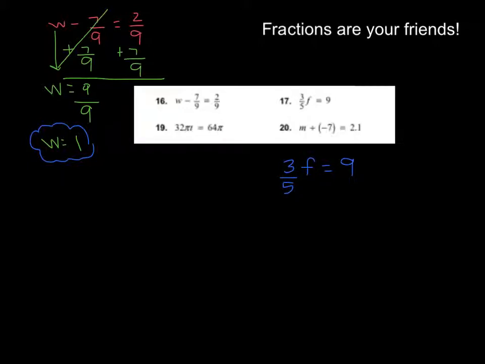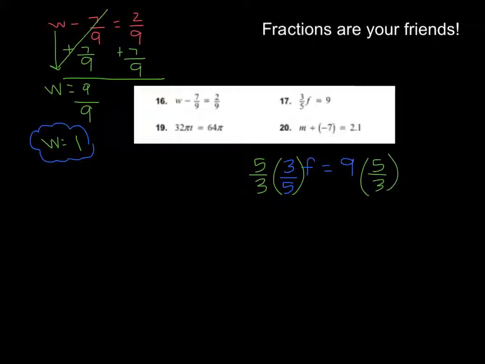So the opposite of multiplying by 3/5 would be to divide by 3/5. For those of you who don't remember how to divide fractions, remember dividing fractions is easy as pie, flip the second, and multiply. So I'm going to flip the fraction. I'm writing it as a reciprocal and multiplying by 5/3.